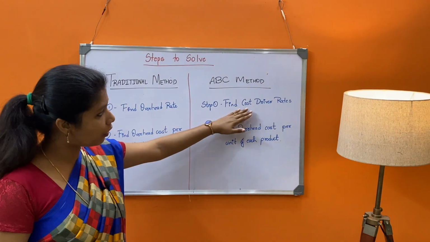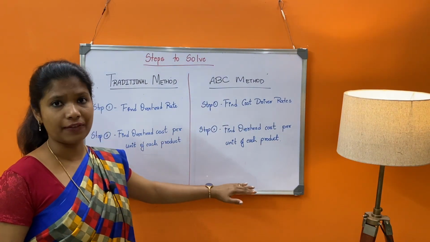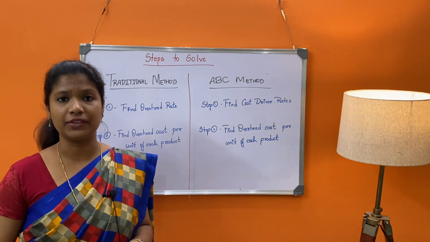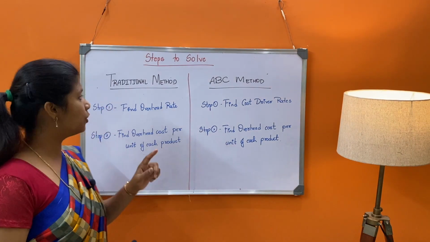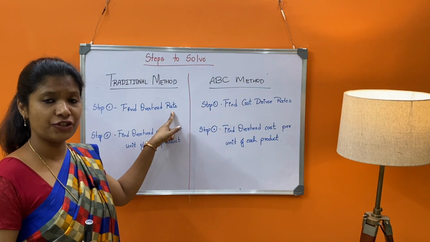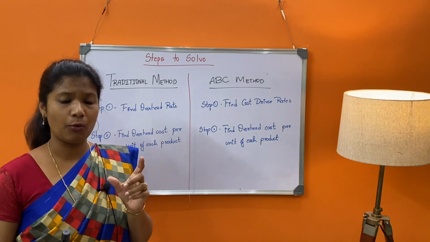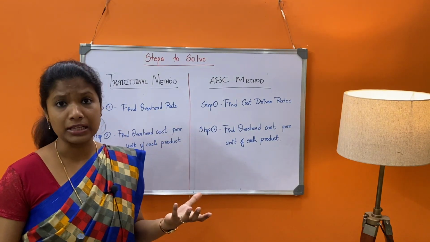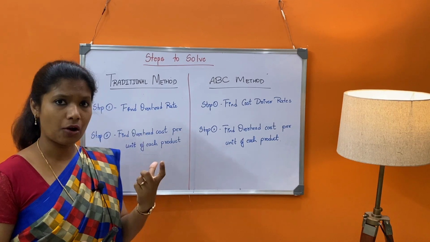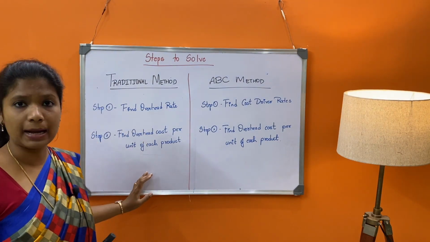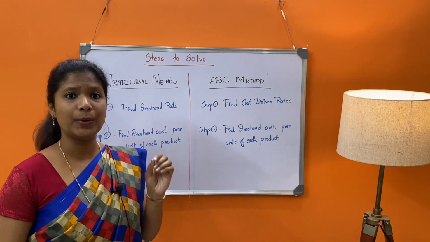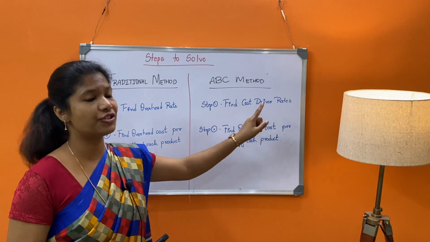Applying the cost driver, we need to find out the overhead cost per unit for individual products of the company. Now please make a note: here we have an overhead rate. Under the traditional method, we just take one common overhead rate, let's say for number of labor hours or machine hours, either one of them, one constant rate applied to the entire company. It's not so with the ABC method. In the ABC method, we take multiple cost driver rates.